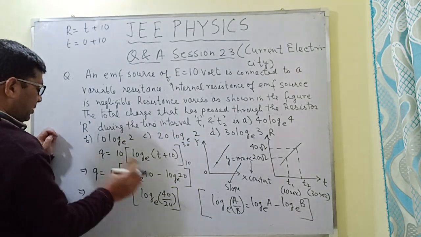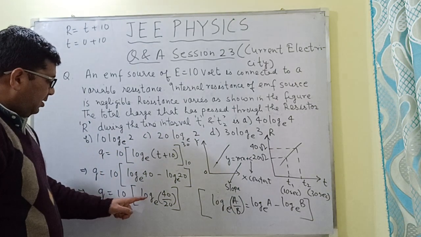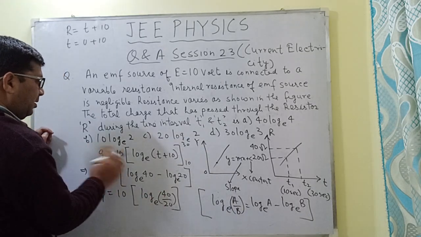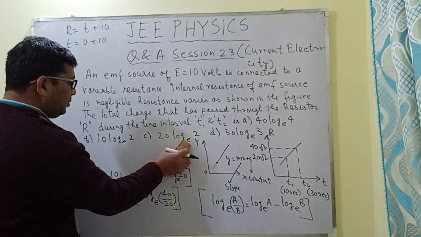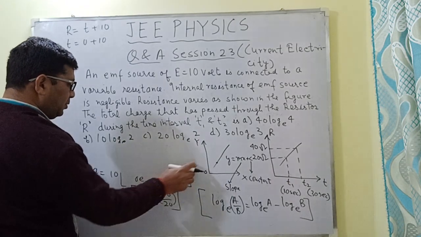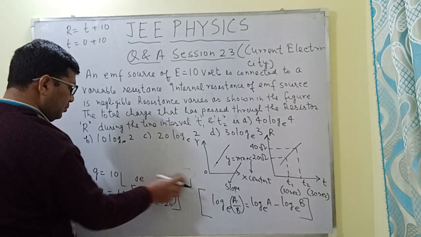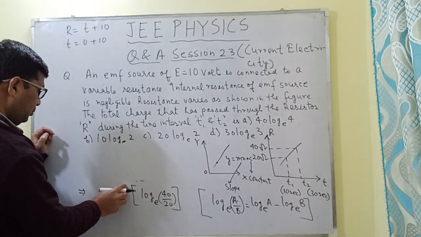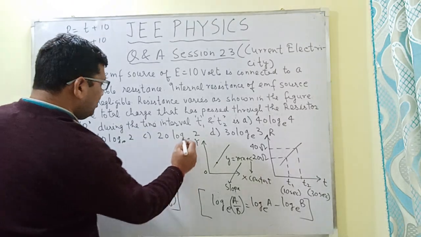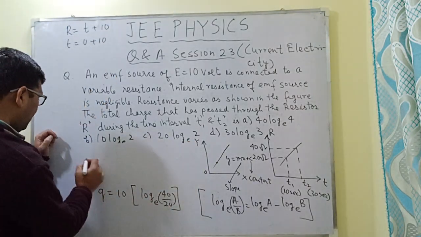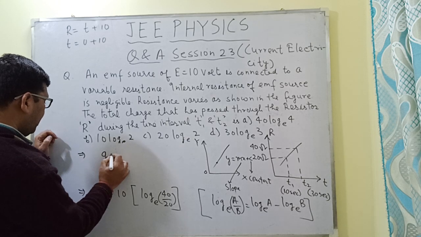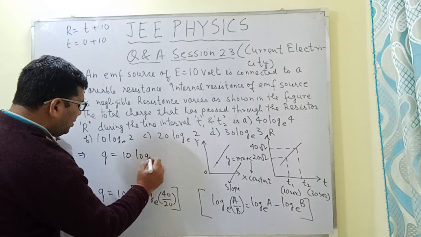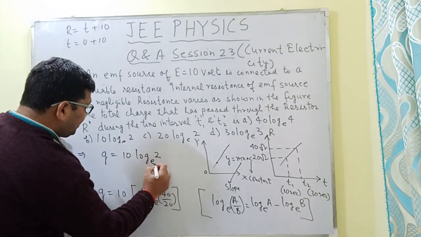So q is equal to 10 log 40 divided by 20 to the base e, which implies that q is equal to 10 log 2 to the base e.